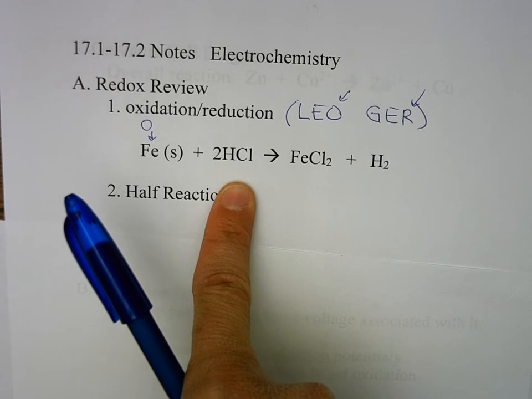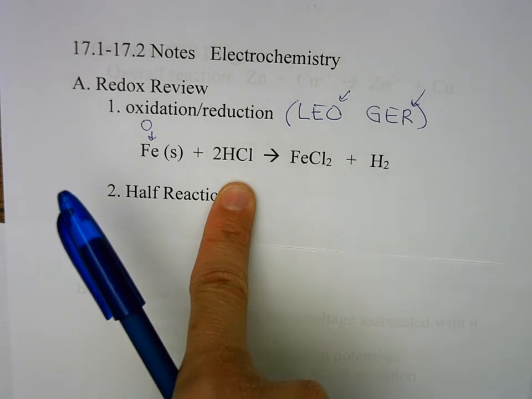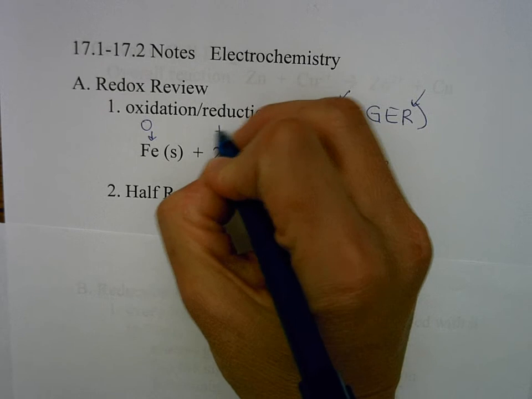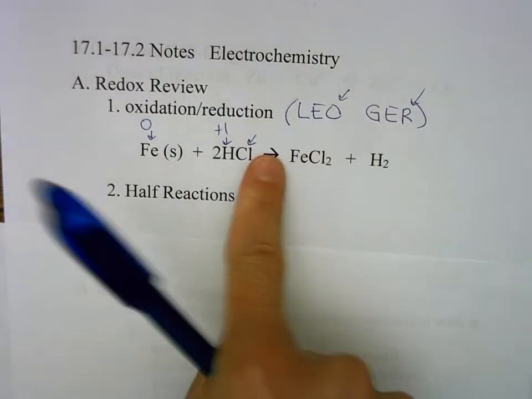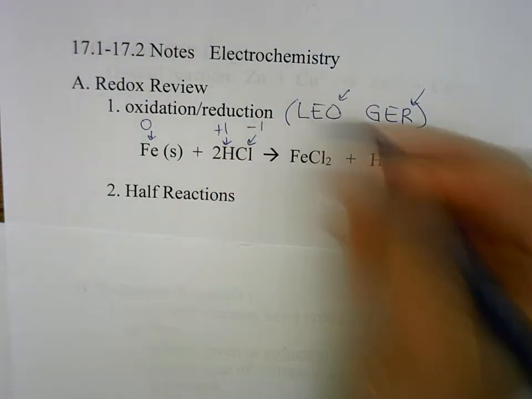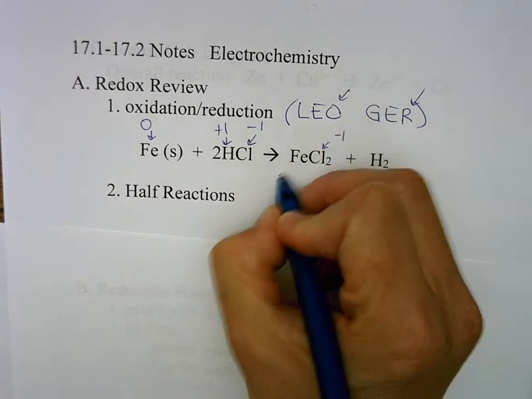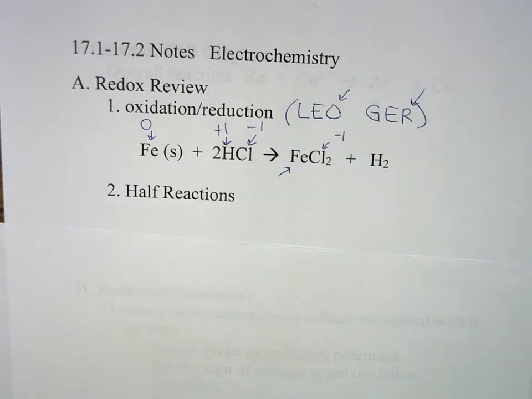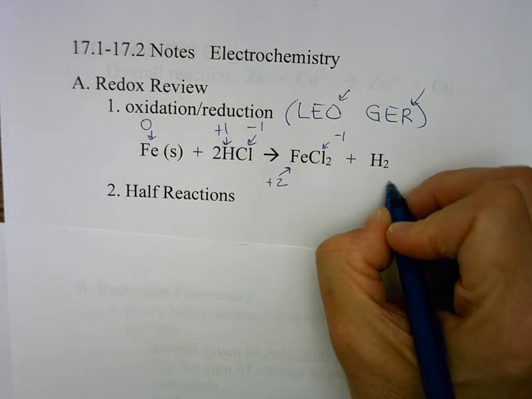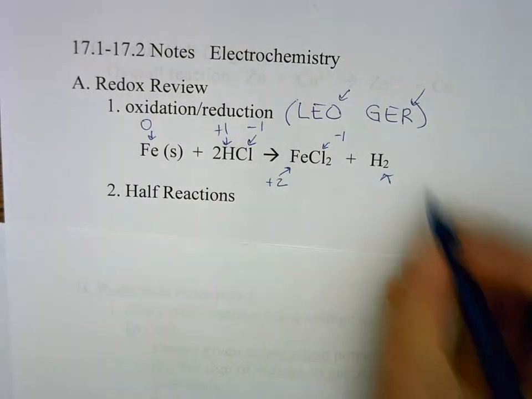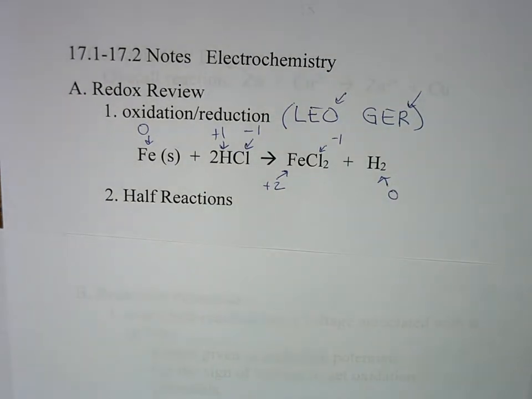Hydrogen ions are +1. Chloride is -1. If chloride ions are -1, that makes this iron +2. And H2, elemental state, is 0.